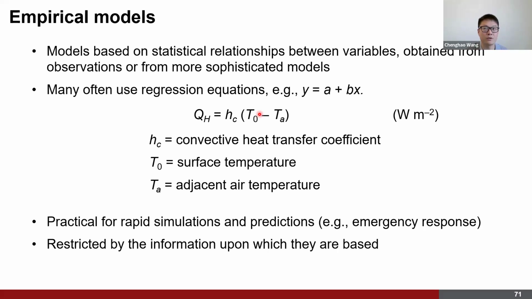They are really good for interpolation if you have measurements on both sides of the spectrum, and we can easily do interpolation, and the results will be very accurate. But if you want to do extrapolation, to predict conditions that we have never observed in reality, this can be problematic. So empirical models are always good for interpolation instead of extrapolation.